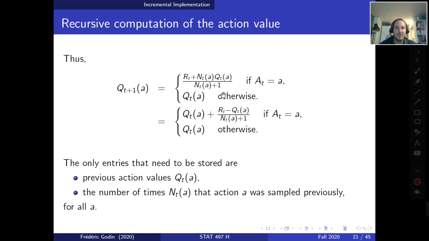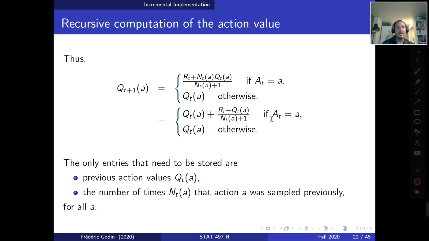Okay, so here this first quantity, we can re-express it as this. Maybe it's easier to go from here to here than from here to here. But you can see that if you multiply this quantity above and below by N_t(a) plus 1, the plus 1 cancels on top with this Q_a, and you re-obtain this formula. So here we have the following. This is Q_t(a) plus the current reward minus Q_t(a), divided by N_t plus 1.